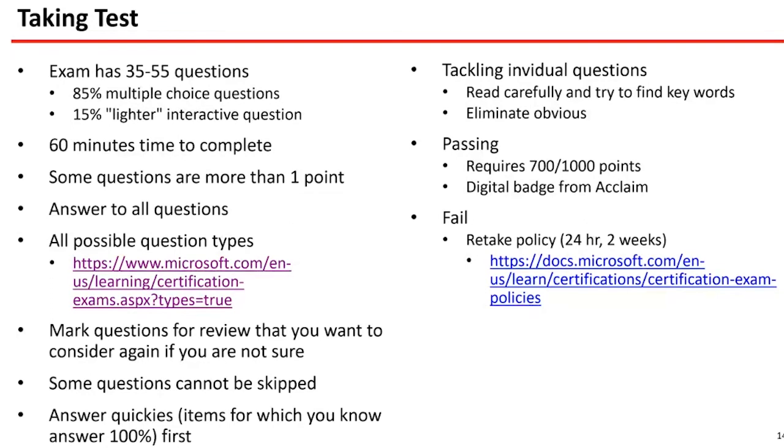And for passing this exam, the official exam, you should get 700 points out of 1,000. This means that you have to get 700 points, not 70% correct, because there are different points for different questions. So we don't really know how much one question is worth.